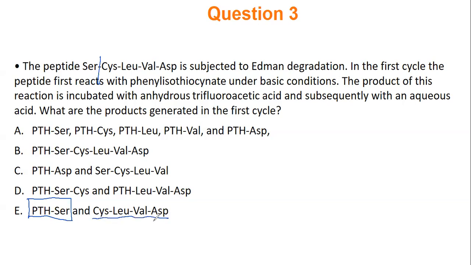It's not broken. So you can see we have our 4 amino acids left over. This will go through another round where then the Cys will be cut off, then the Glu, then the Val, and then the Asp. So E is the correct answer because it works stepwise, 1 amino acid at a time, always from the N-terminus.